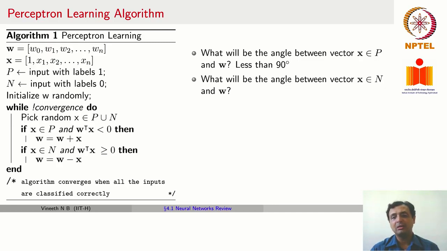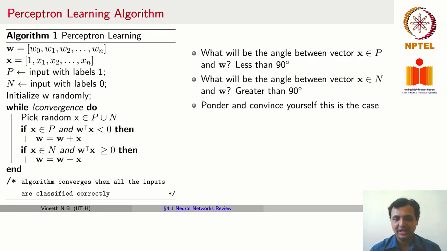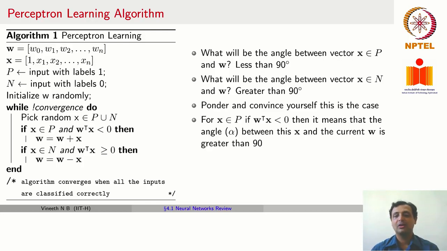Similarly, what about the angle between the vector x belonging to the negative set and w? This should be straightforward. It has to be greater than 90 degrees, the same way we visualized the positive class a minute ago. If you don't get it, you can spend a couple of minutes, draw it, and you'll see that this works out.